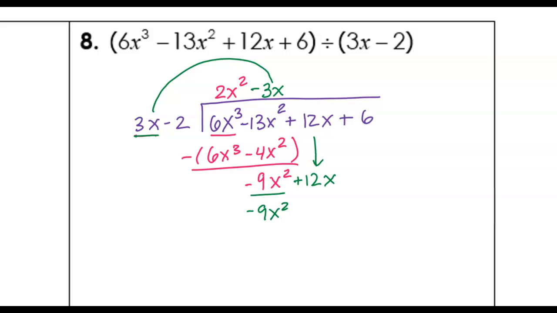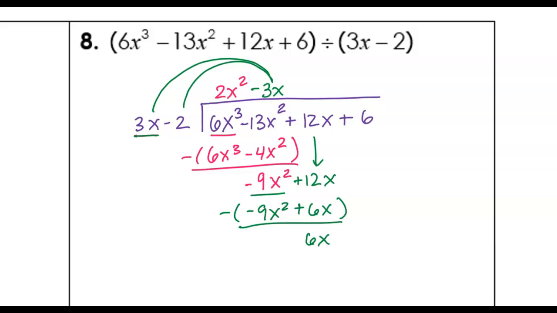These should match, and they do. Negative 3x times negative 2 is a positive 6x. And then I need to subtract everything. Negative 9x squared minus negative 9x squared is actually a plus 9x squared, so they cancel. And 12x minus 6x gives us 6x.